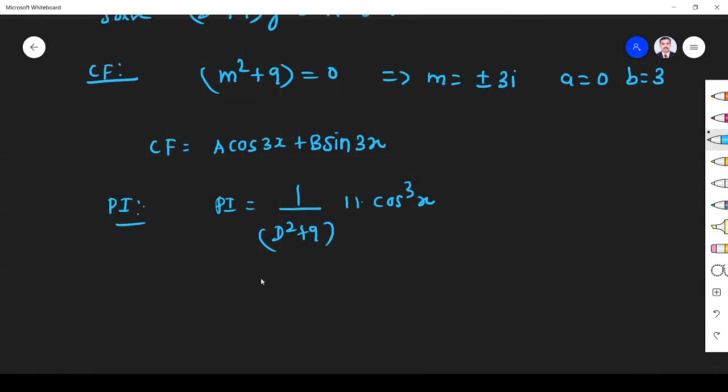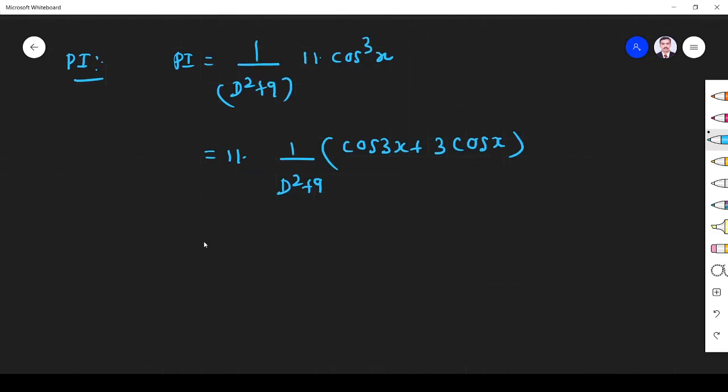We know 11 is a constant, we take it outside. 11, 1 by D squared plus 9, cos cube x I can write as (cos 3x plus 3 cos x) by 4. Now you see this ax format. So hereafter the process is same. So 11 divided by 4, this 4 I take it outside.